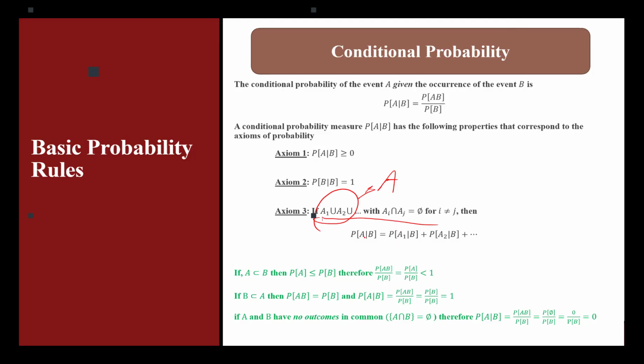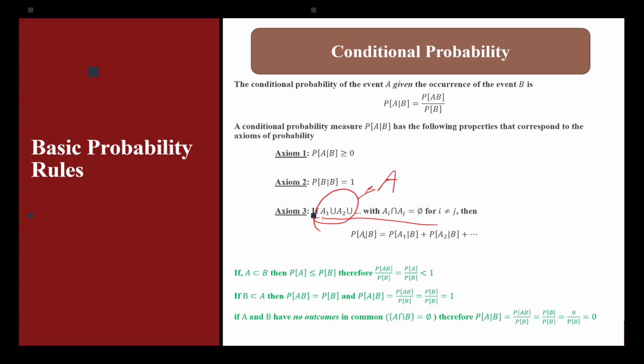We know that, but it becomes the probability of A divided by the probability of B. Why? Because the numerator was the intersection of A and B, and A is a subset of B. That means the intersection of A and B is A itself. So the probability of A given B is going to be the probability of A divided by the probability of B.